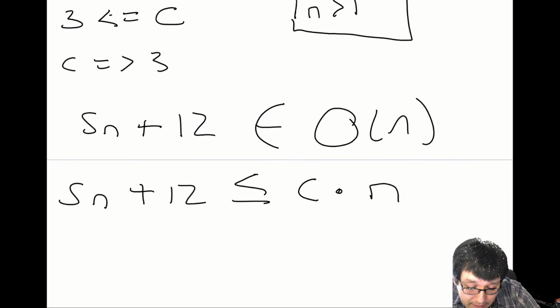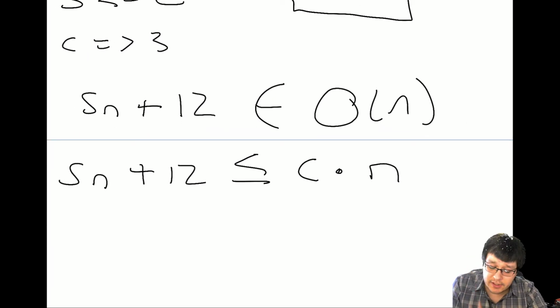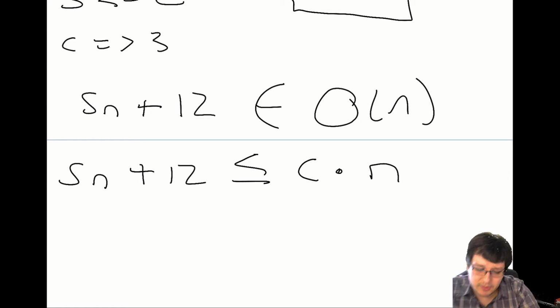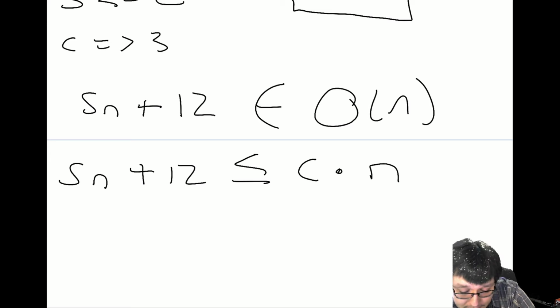In your head, just ignore that it's a less than or equal, and think of it like an equal sign so that you can remember the math. Here it's a little bit trickier because you got the 12 in there, which is kind of a pain. You can't just divide everything, but you can sure as heck subtract. So let's go ahead and do that.